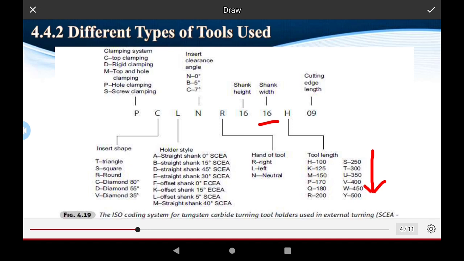This is the standard provided by the Indian Standard Organization coding system for tungsten carbide and tungsten tools, whose hardness is used for standard turning on the machines.